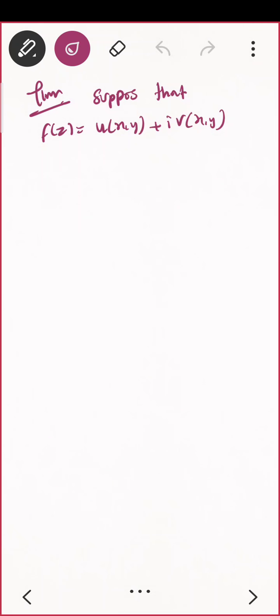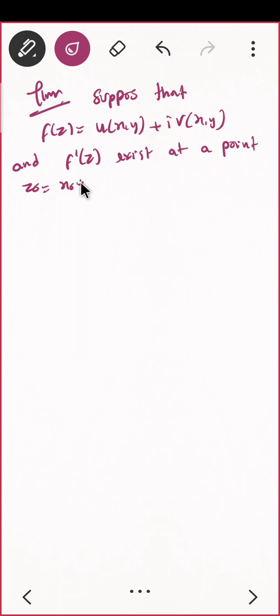So what was our assumption in this? We are having only one assumption, that is its derivative exists at a point z naught equal to x naught plus i y naught.